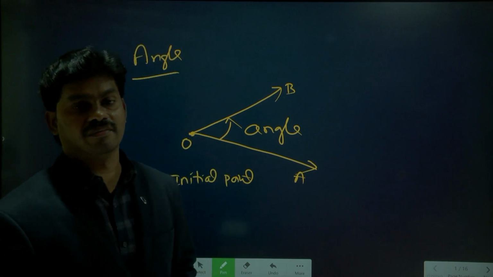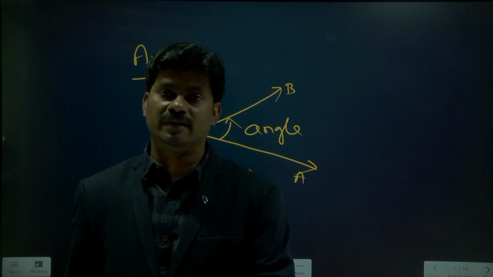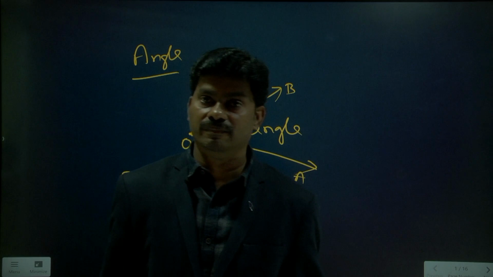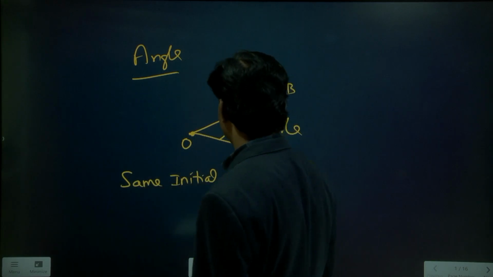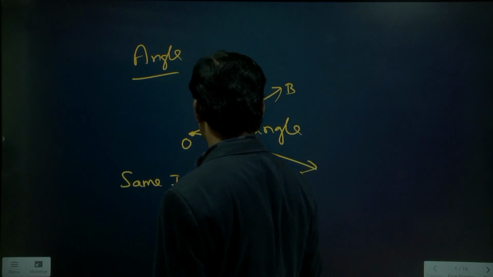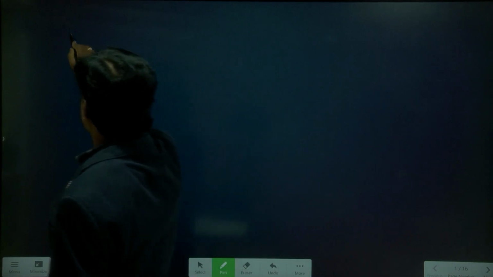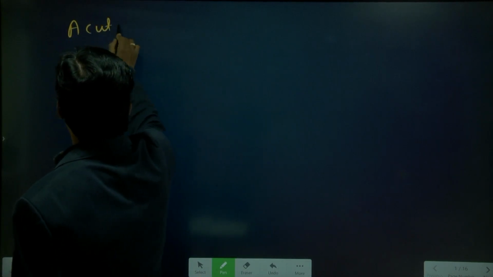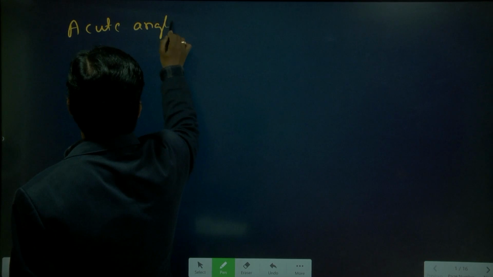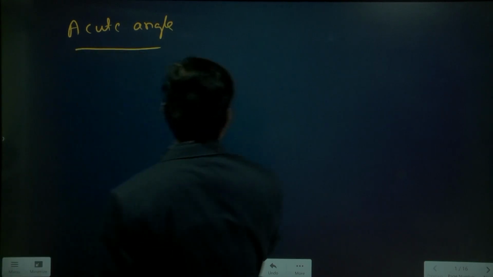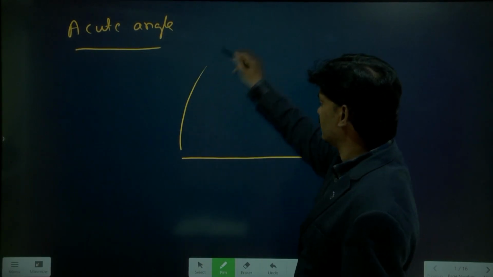So what kind of angles are there? How many types of angles are there? Let us see. Some basic angles we will discuss now. First one we will see is the acute angle. If you take the protractor, it will be like this.